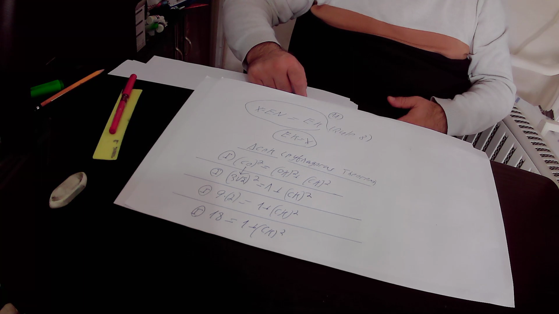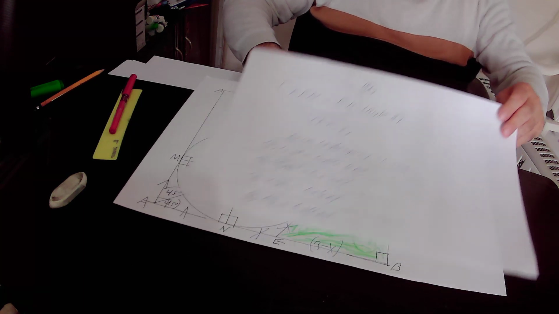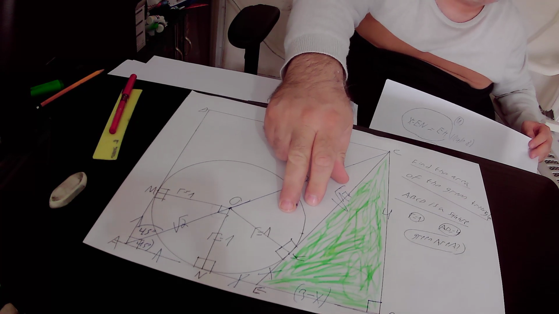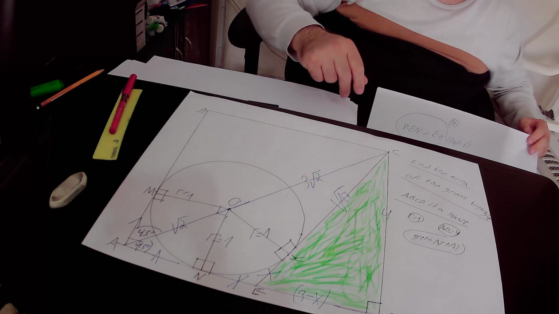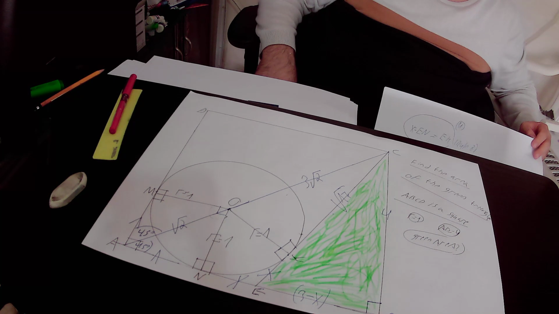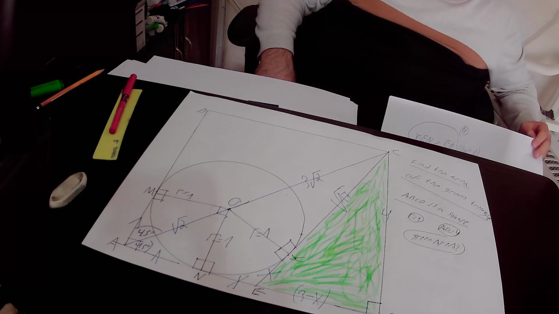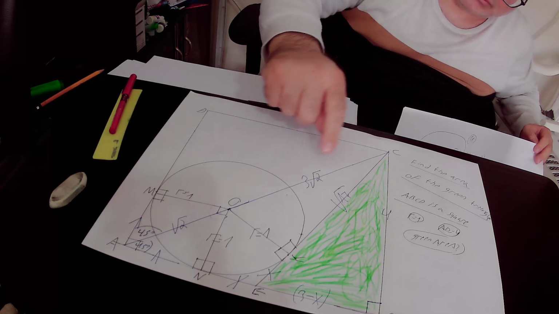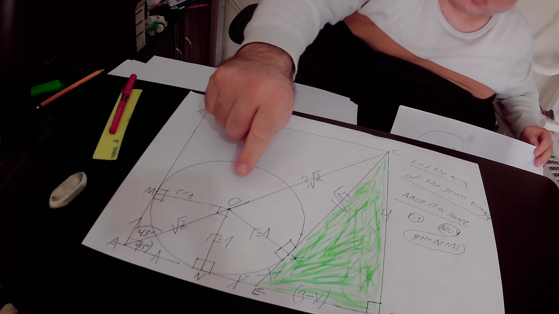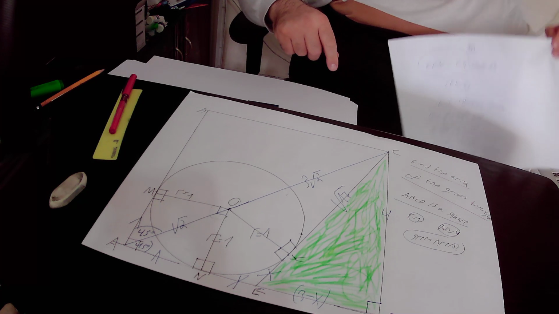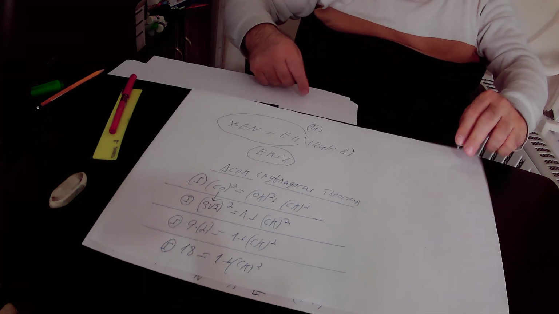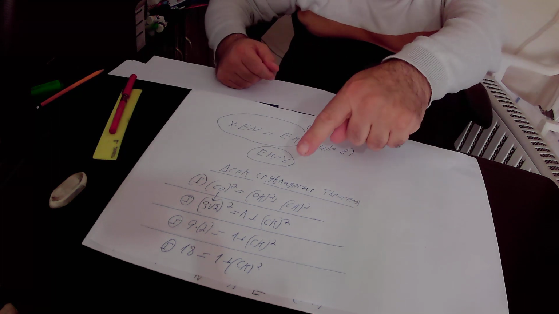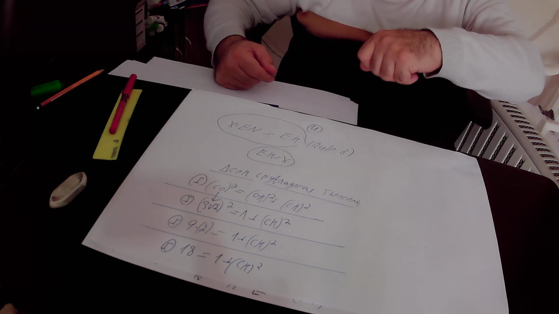Then we focus on the right triangle, triangle COK, and we implemented the Pythagoras theorem. According to the Pythagoras theorem, the square of the hypotenuse equals the sum of the squares of the perpendiculars. The hypotenuse is CO, so CO square equals OK square plus CK square.